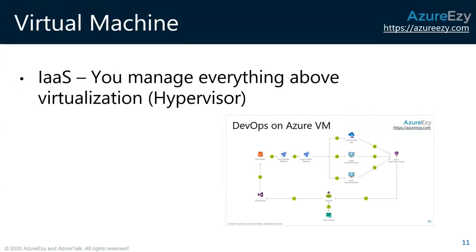Now, apart from this DevOps implementation, it is very, very useful for the lift and shift model of migration. So you might have heard of this particular word. When a cloud adoption discussion starts, this is the word which comes in the very first discussion. What does it mean?